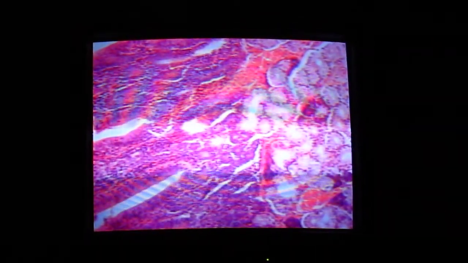And these areas down in here are the crypts of Lieberkühn. This is the duodenum, the first part of the small intestine.